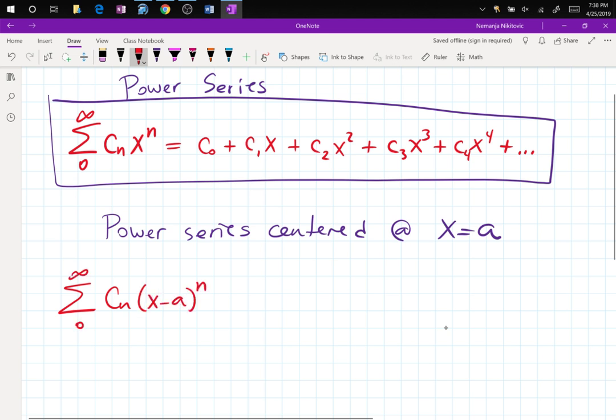We didn't do much. So this is going to be C0 plus C1 (x minus a) plus C2 (x minus a) squared plus C3 (x minus a) cubed plus dots going forever.